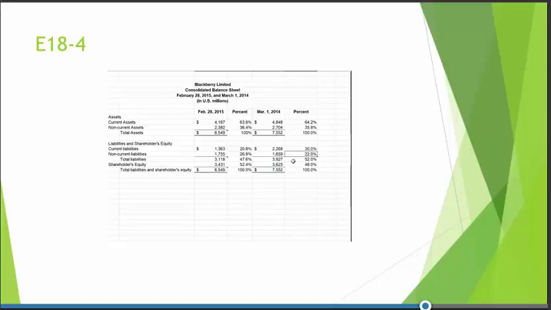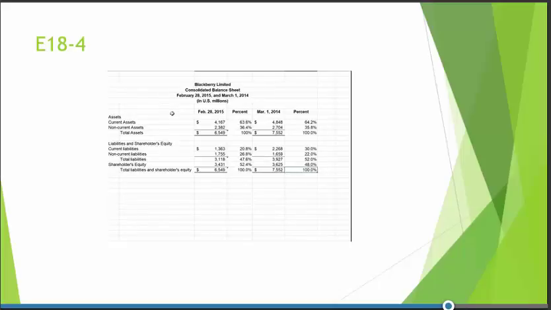My total liabilities are 3,927 divided by 7,552, which gives me 52%, and our total shareholders' equity is 3,625 divided by 7,552, which is 48%. So if we add up 30 plus 22 plus 48, we get the 100%. So that's how we do a vertical and a horizontal analysis.